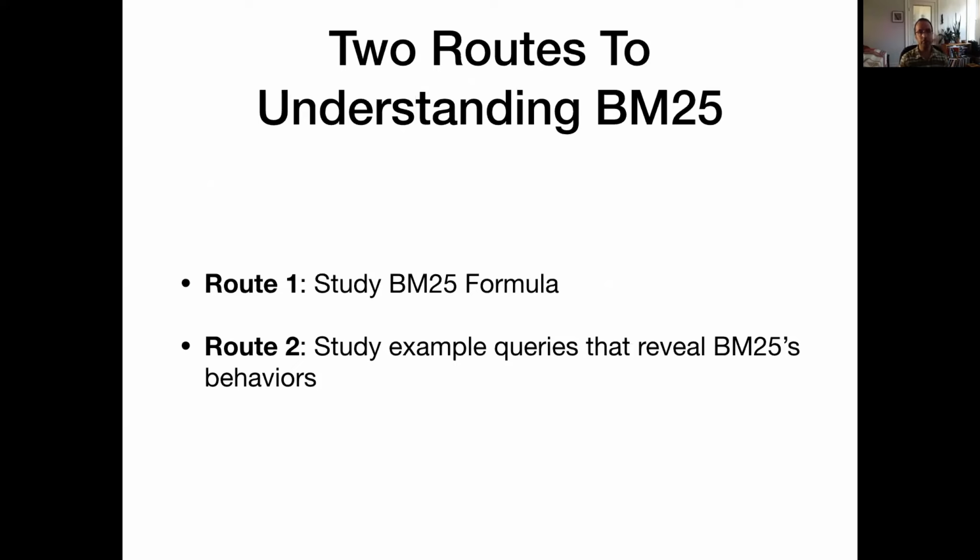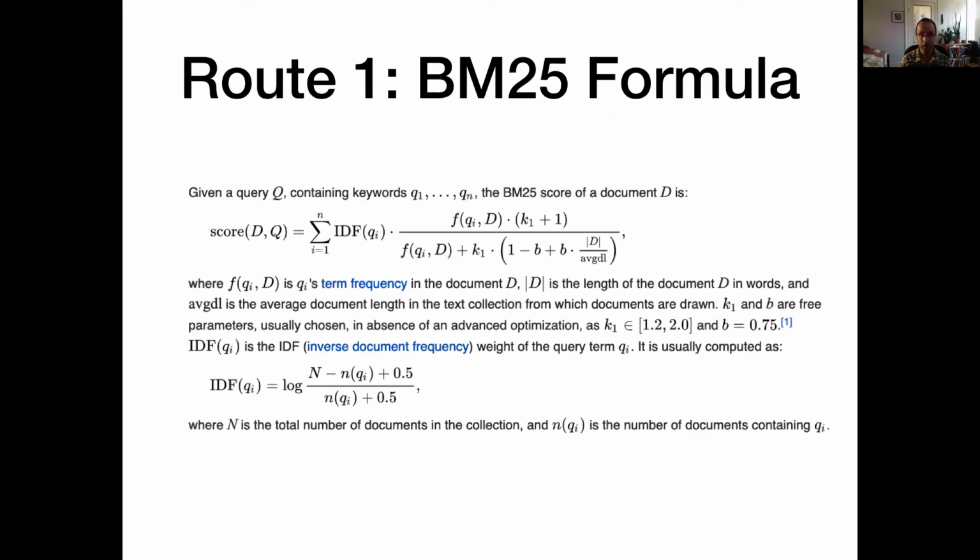There are two routes we could take to trying to grok BM25. One is we could plunge into the BM25 formula and wade through some math. And the other is we could just look at a bunch of simple examples that reveal BM25's various behaviors. So if we were to take route one, it would look kind of like this. You can see this is the Wikipedia page for BM25.